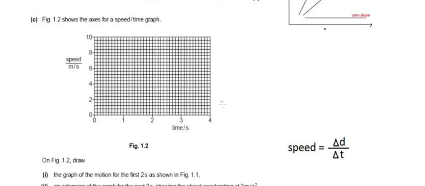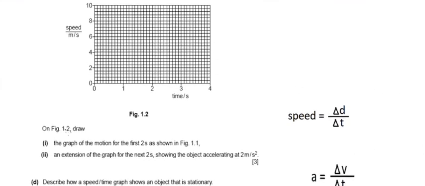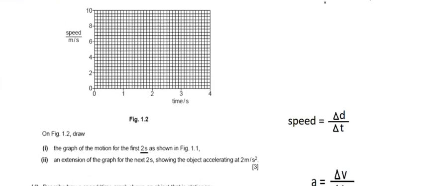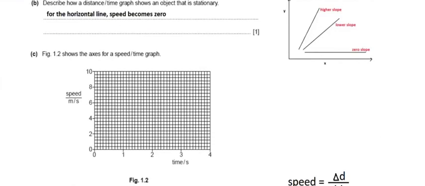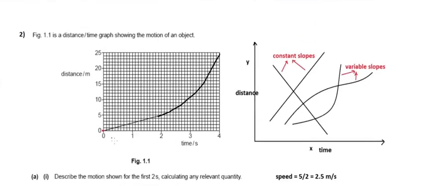Here is part C of the question. Figure 1.2 shows the axis for the speed time graph, and on figure 1.2, draw the graph of the motion for the first 2 seconds. So this is a speed time graph, and that was the distance time graph.